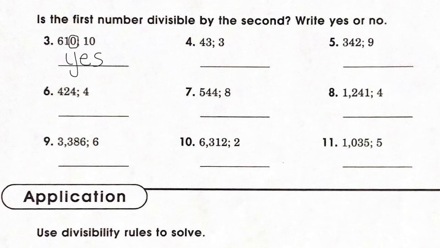On the number 4 over here, the rule for 3 is that the sum of the digits is divisible by 3. Well, 4 plus 3, those are my digits, equals 7. I know that 7 is not divisible by 3, so my answer is no. On problem number 5, the rule for 9 is the sum of all digits. So we have 3 plus 4 plus 2, which equals 9.